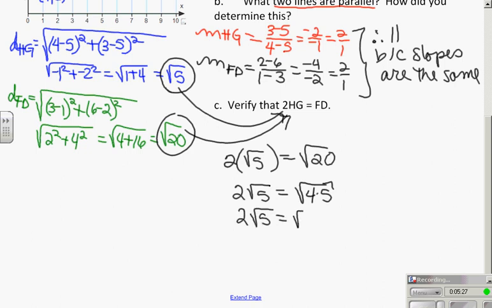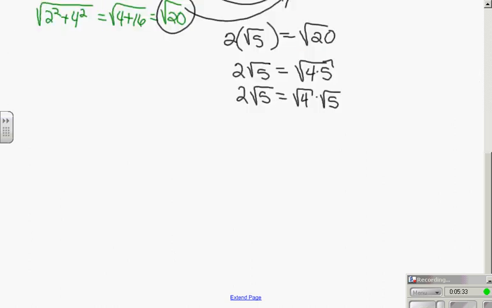The square root has a property that lets us split it over multiplication. I still have the square root of 20, but the reason I did this is 4 is a perfect square, and so I have 2 square roots of 5 is the same as 2 square roots of 5, which I've proven exactly. We're going to do more of the simplifying of those radicals.